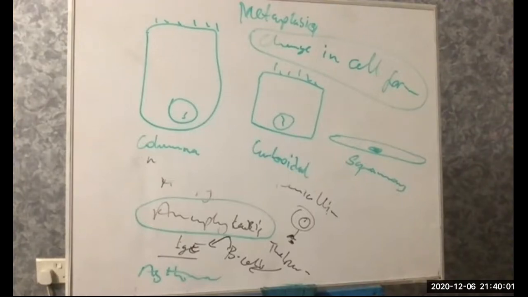Like if you open your mouth, in your buccal cavity you can have non-keratinized squamous cells. On our skin, we have keratinized squamous cells. So they are the flat cells. Now, mucus secreting areas in our body usually have columnar cells and sometimes cuboidal cells.